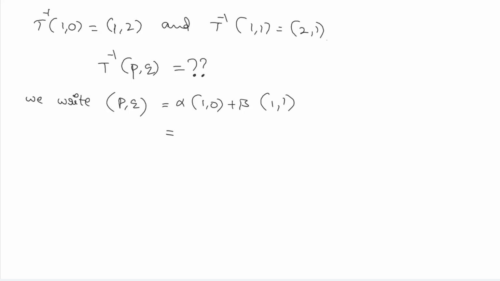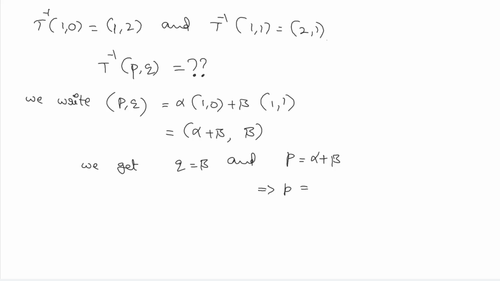We get alpha plus beta comma beta. So by comparing the coordinates, we get q equal to beta and p equal to alpha plus beta. So p minus q equals alpha.